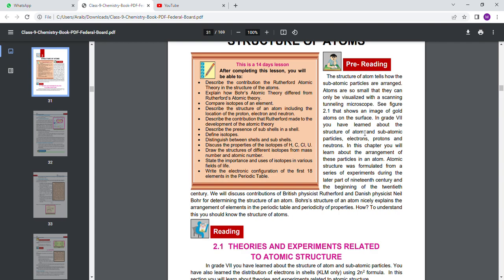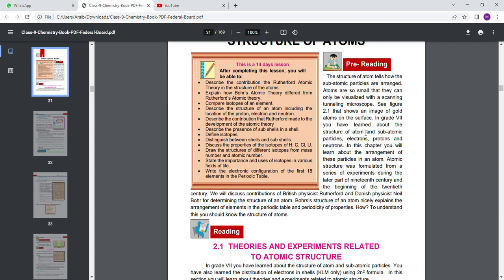Atomic structure was formulated from a series of experiments during the later part of the 19th century and the beginning of the 20th century. We will discuss the contributions of the British physicist Rutherford and the Danish physicist Niels Bohr for determining the structure of an atom.